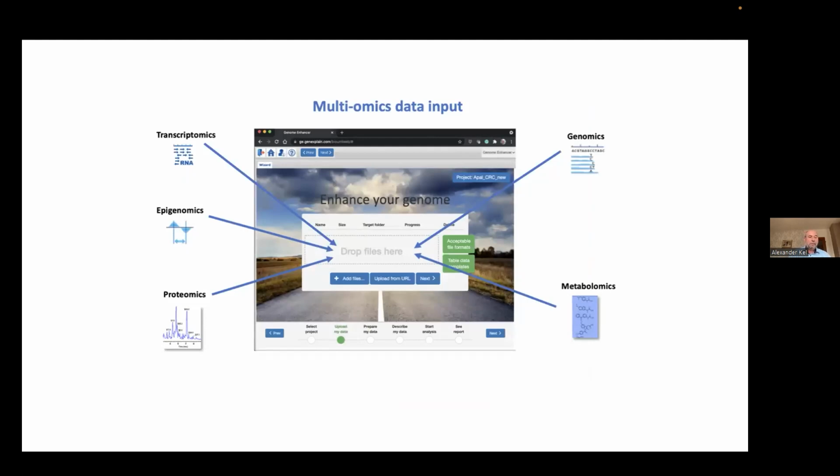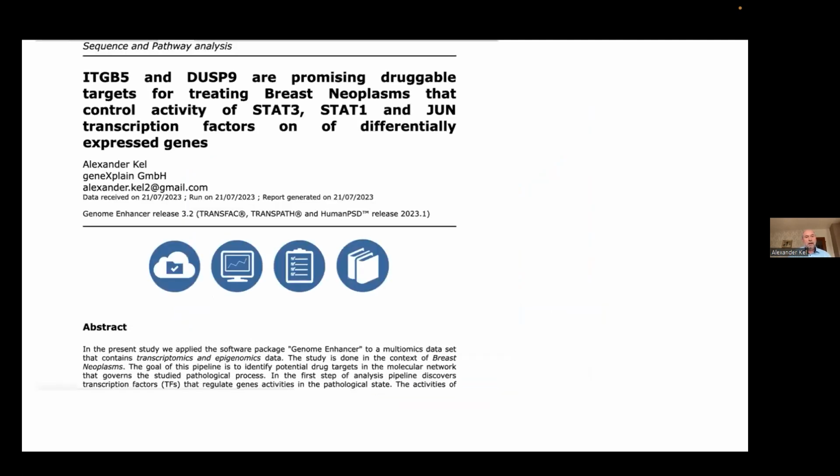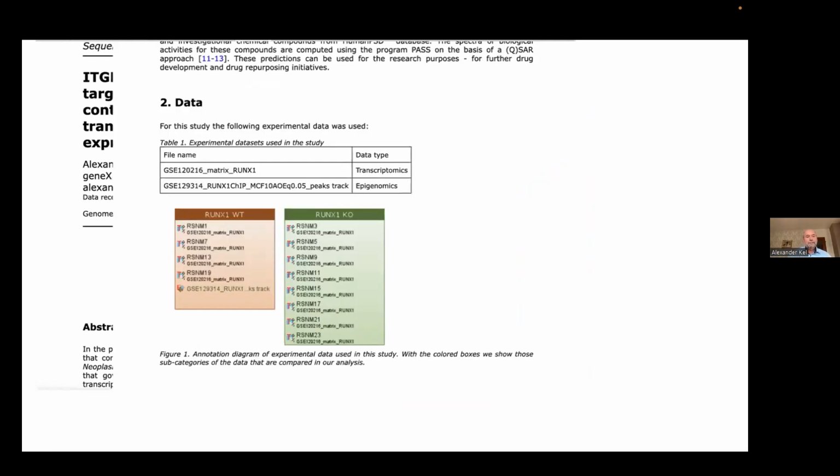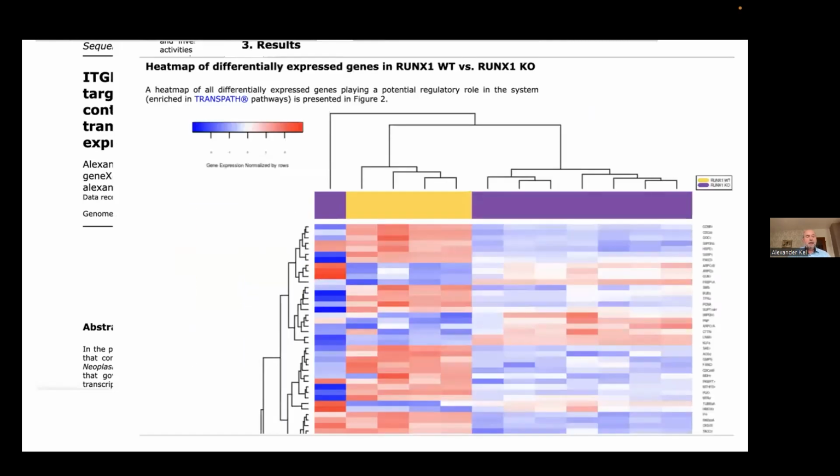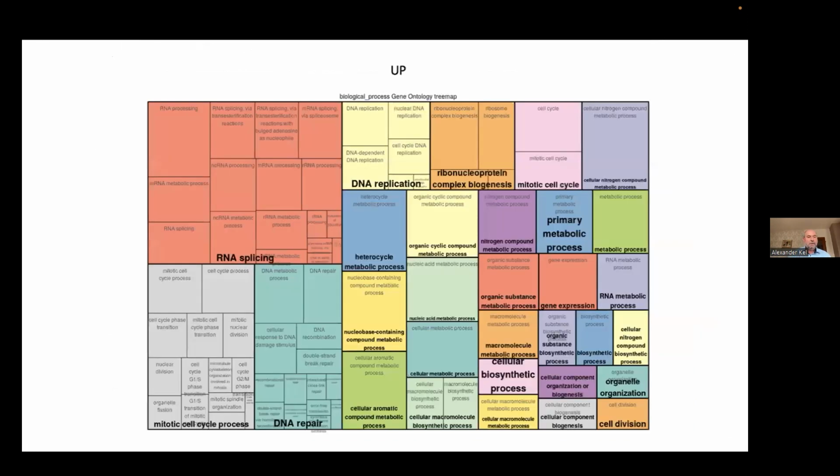You put the transcriptomics and epigenomics together, press a big red button, and it goes through many processes. It analyzes upregulated and downregulated genes. Finally, it finds the most important master regulators and even puts them in the title of the report. And it does many classical bioinformatics steps in between.